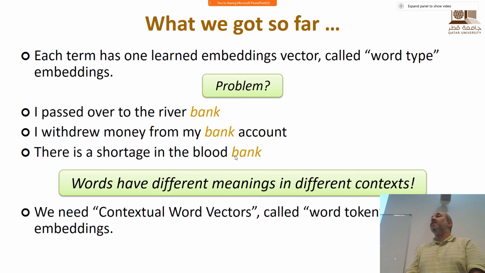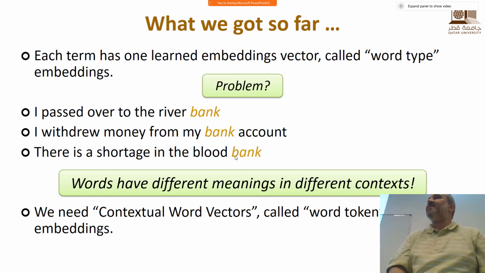Exactly. It's not overlap. All of them will lead to one vector. The embeddings that we learned are a mix of the meanings of all of these. We didn't differentiate between different senses of the same word or term.